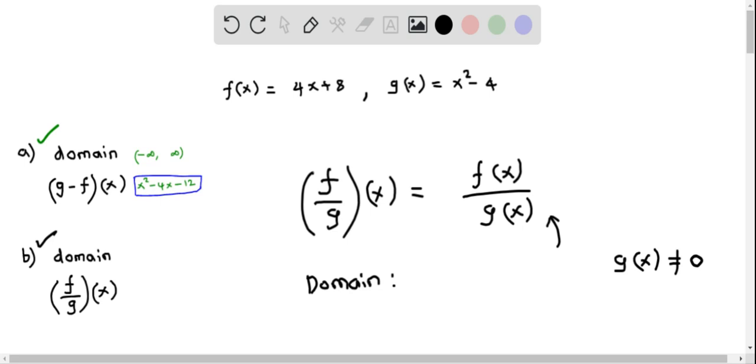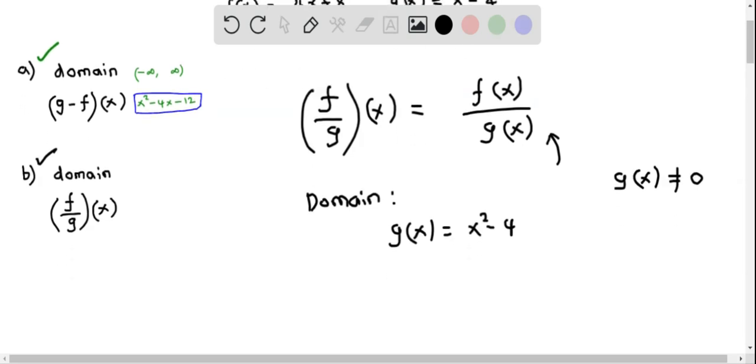So I'm going to consider only g of x, that is g of x equals x squared minus 4, and determine at which points of x it is 0. So I replace g of x with 0, and this gives 0 equals x squared minus 4. This implies 0 equals, using the difference of squares, x plus 2 times x minus 2.